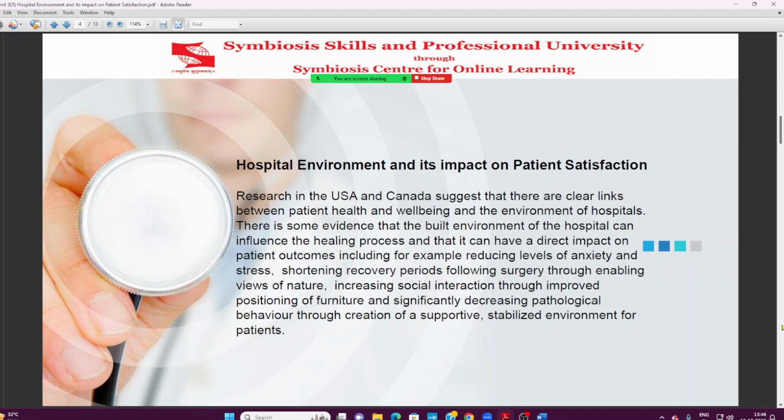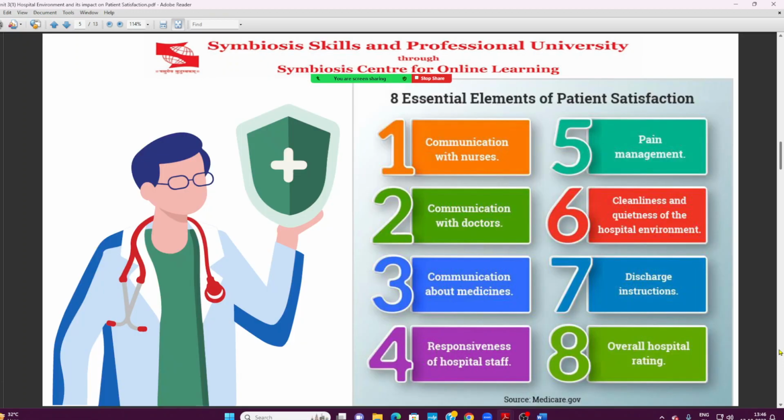Noise, we have seen, increases the anxiety level of both patient and the medical staff, including the doctor. It induces anxiety and stress, whereas a good environment shortens the recovery period from surgery through views of nature, and increases social interaction through improved positioning of furniture. So all this ambience comes into picture when we talk about the hospital environment. It has a positive impact if the hospital environment is positive, right?